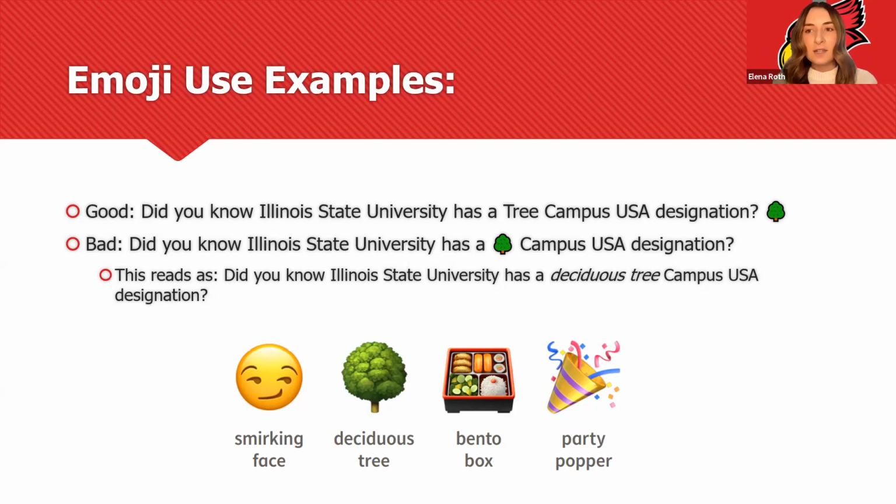Because the definition of that emoji is deciduous tree. That's how a screen reader or voice to text program would read that sentence if you had the emoji in the middle. I included a few examples of other emoji definitions as a reference point. But that's what I mean when I say it's not accessible.